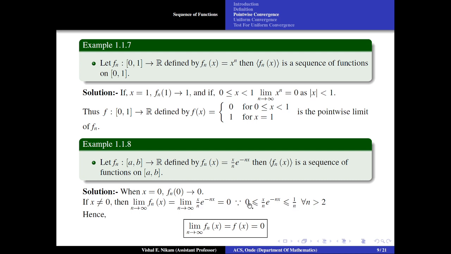This is a constant sequence tending to 0. So this sequence also tends to 0 as n tends to infinity. Hence, fn of x tends to the 0 function as n tends to infinity. Hence, the pointwise limit in both the cases, x equal to 0 and x non-zero, is 0.